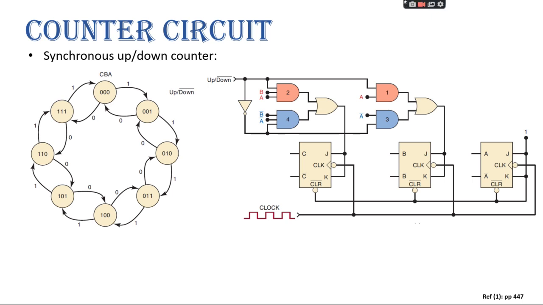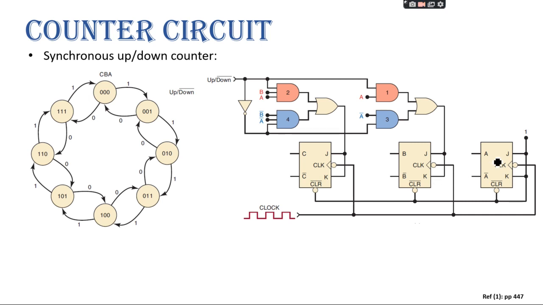So now, suppose this is an up-down counter. It means whenever your input is 1, it will always count up, and whenever your input is 0, it will count down.